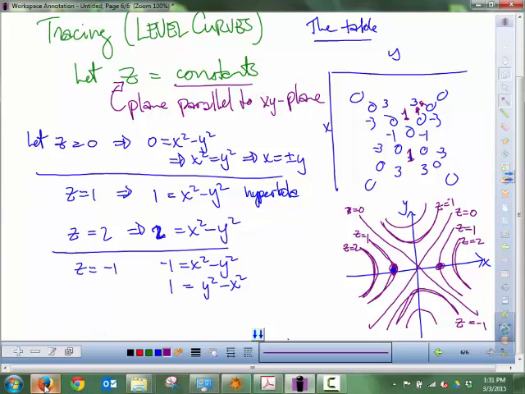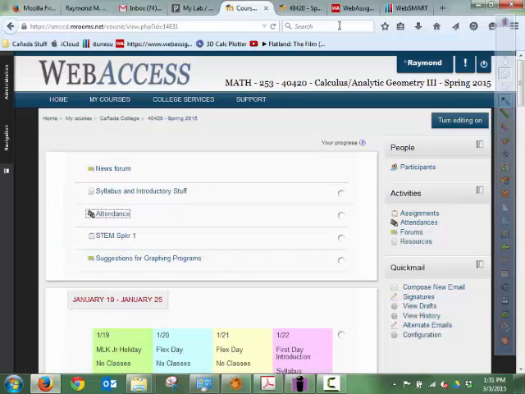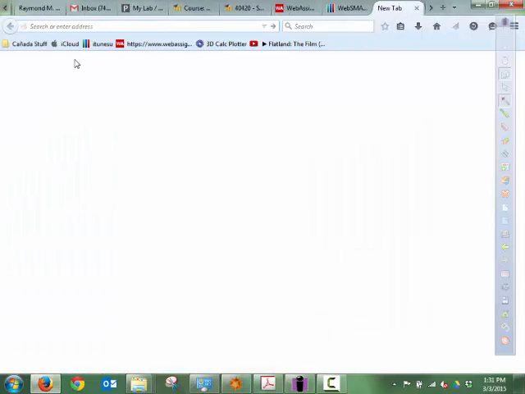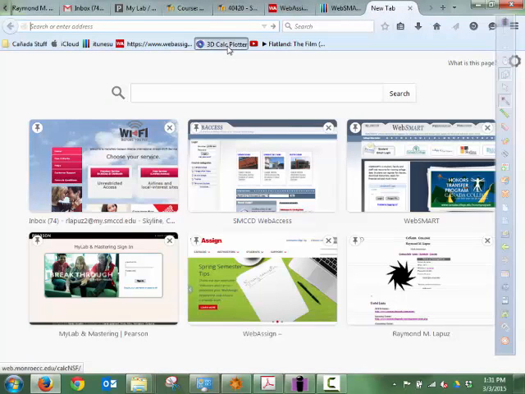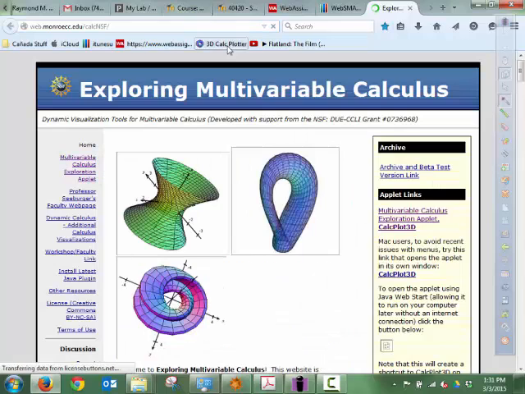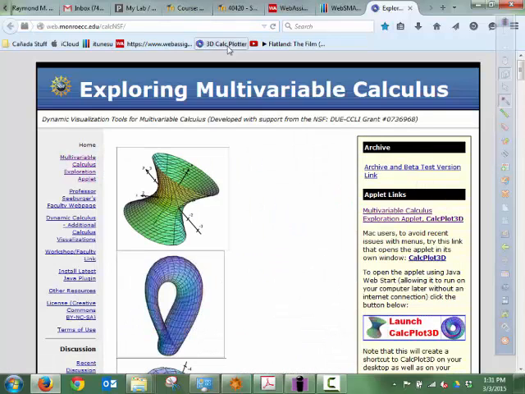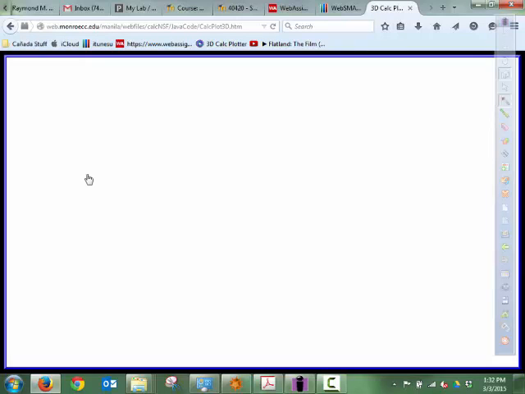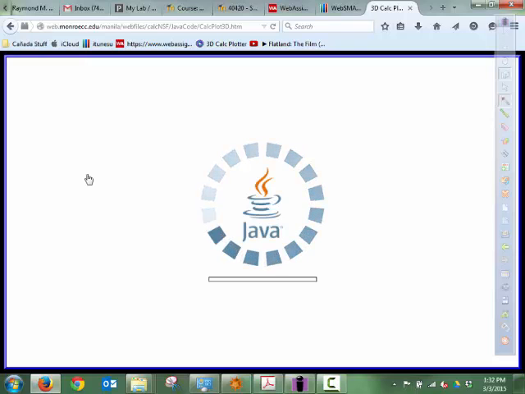Most of you don't have Mathematica, and a lot of you probably don't have the graphing calculator program that I use, but this is available online. As long as you have an internet connection, you can always take a look at this, and you just have to make sure that you're Java enabled. The first example they have is a function of several variables.